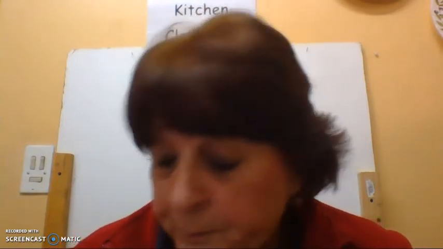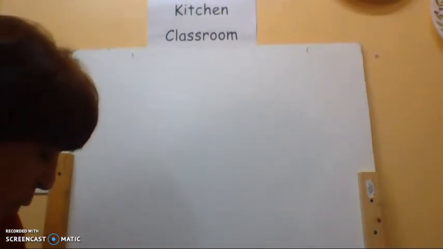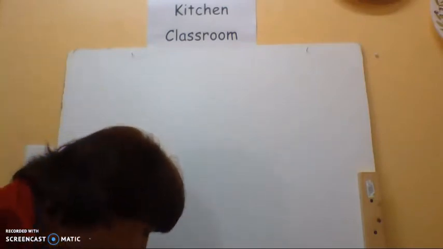Okay, let's go. When we add units of time, we will have to remember how to convert from one unit of time to another. So, let's for example look at this one.